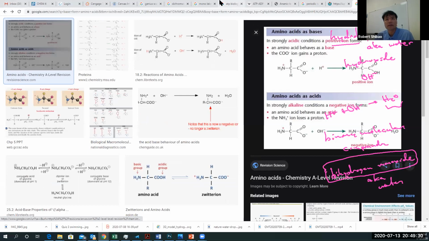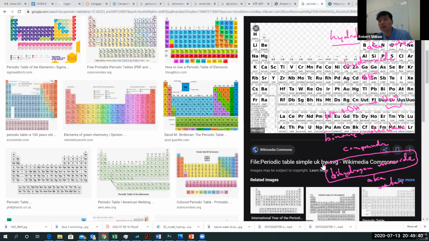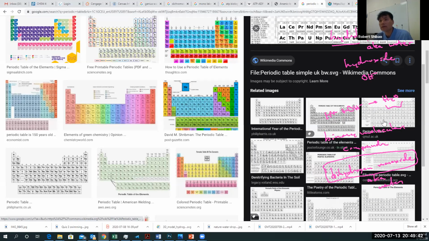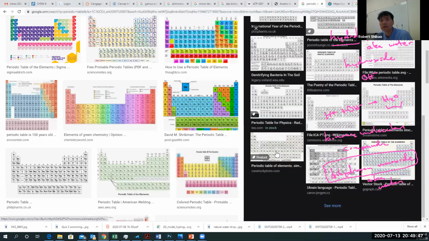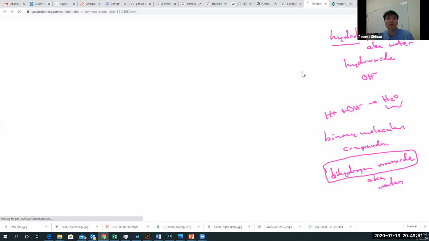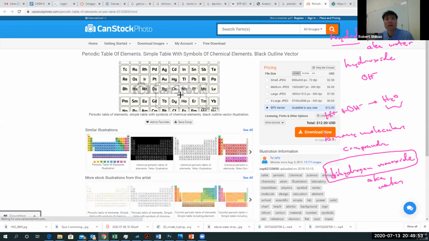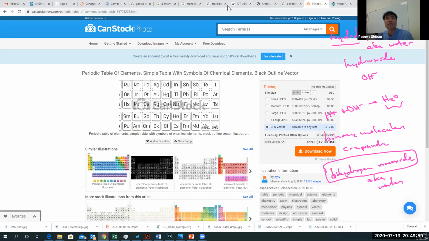So let's go back to the periodic table and figure out all the ions here. I want a big periodic table. I should have just taken the one from the book, except I was looking for the one from the book the other day and it just didn't come out right.